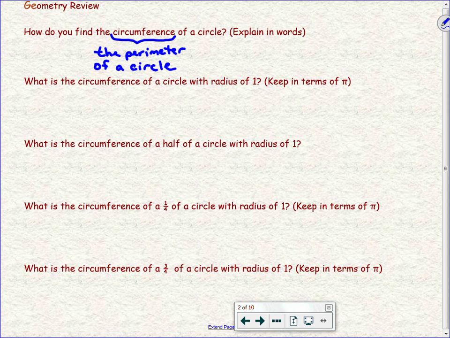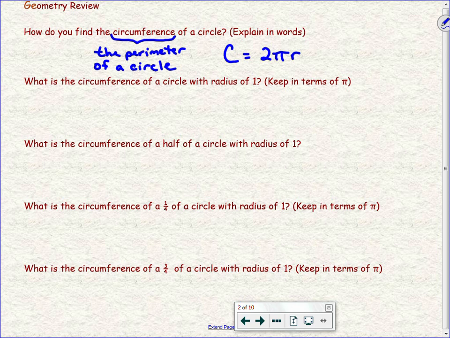And if I asked you for the formula for the circumference of a circle, it is C equals 2 pi r. Or some of you guys might have learned it as C equals pi d. But for what we're going to show you today, I think I want to stick with this one here.